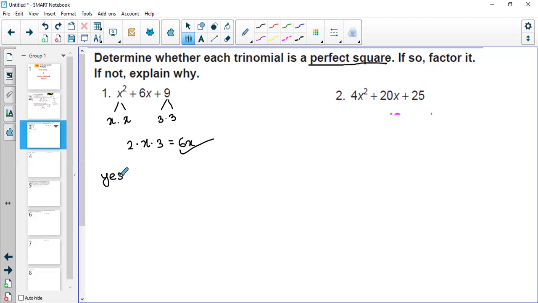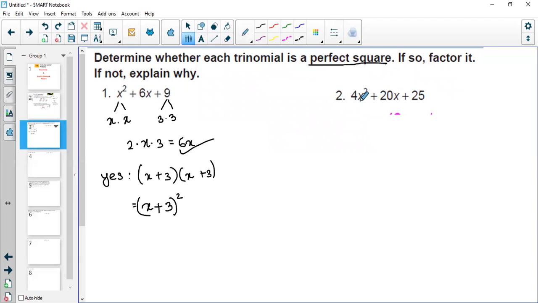You write yes, it's a perfect square, and then you write the factorization. It's going to be x plus 3 and x plus 3, but as both mean the same thing, we repeat the same factor twice, so we could write it as x plus 3 the whole square.